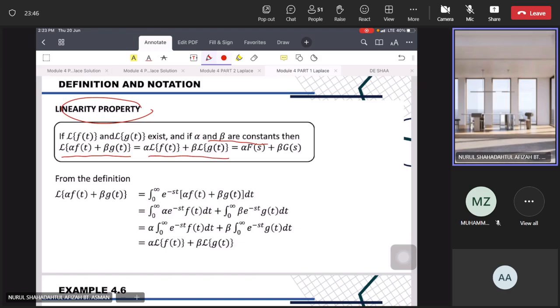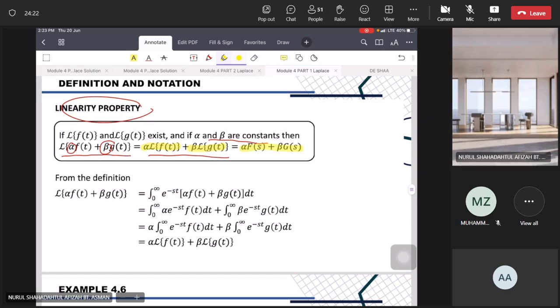When we add alpha and beta, we just multiply: alpha L of f(t) plus beta L of the function g(t), and then you get this.